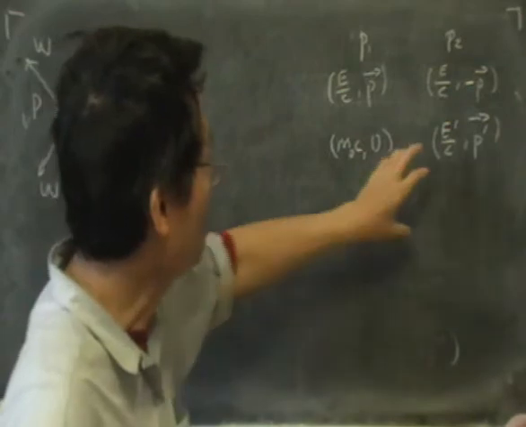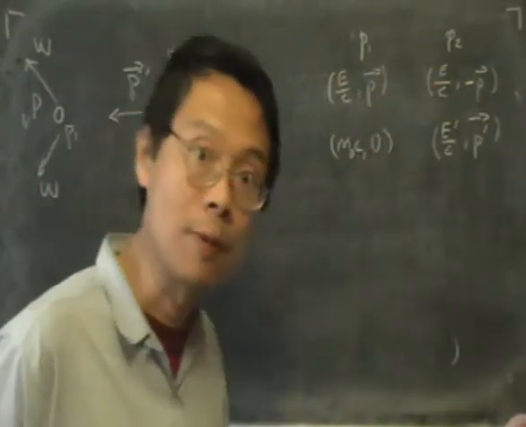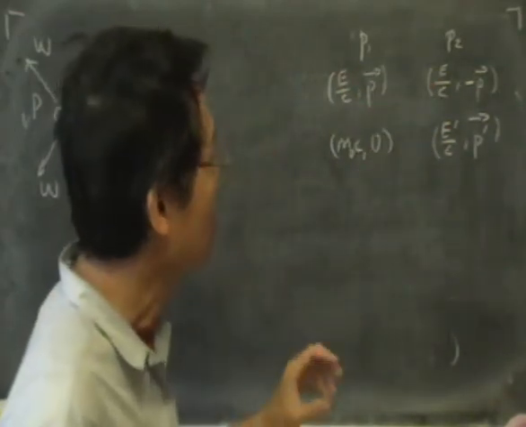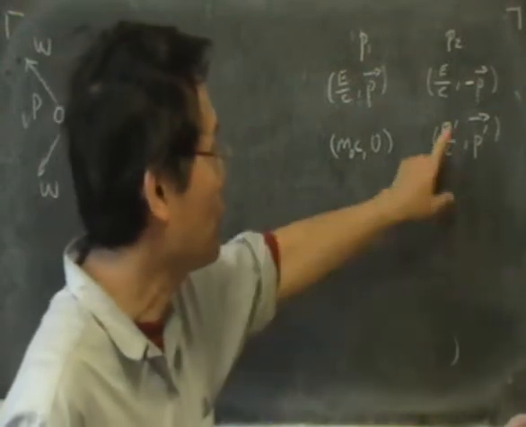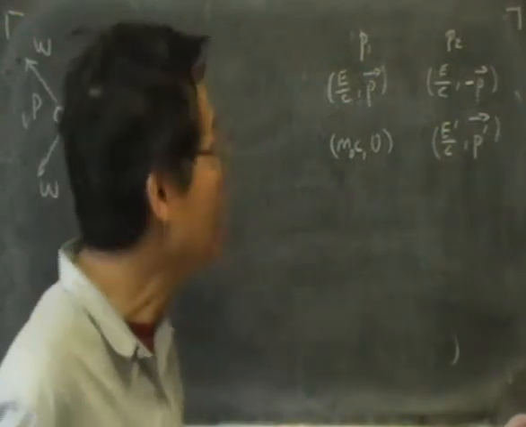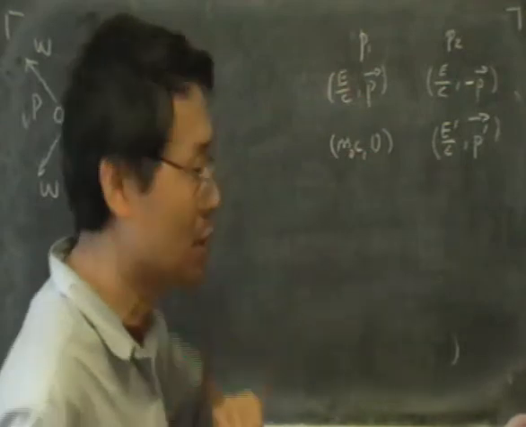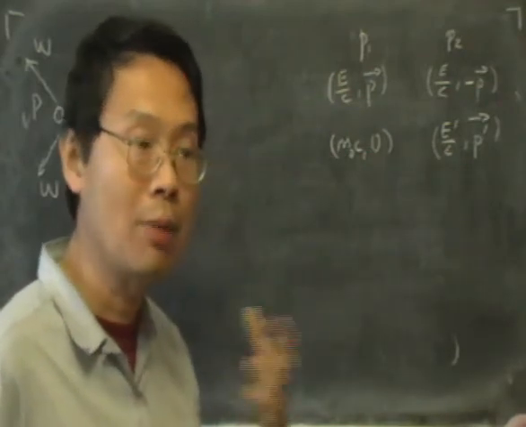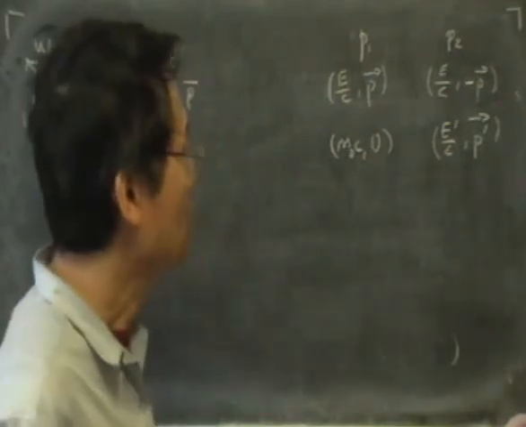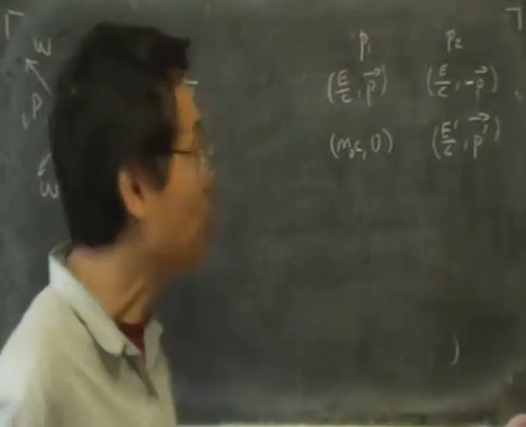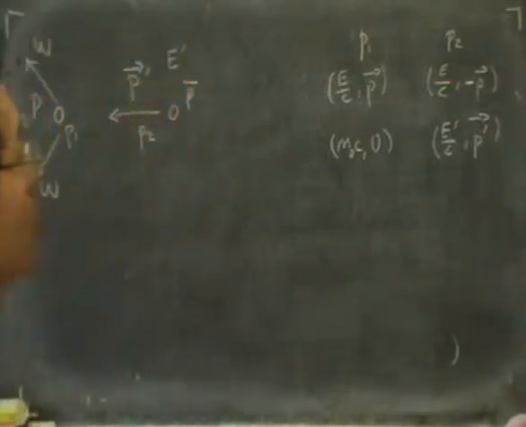Then we can directly relate E prime to E. If we solve that, we will have an expression for E prime, and since we already know that E must be at least 100 m naught c squared, we would have an answer for E prime.